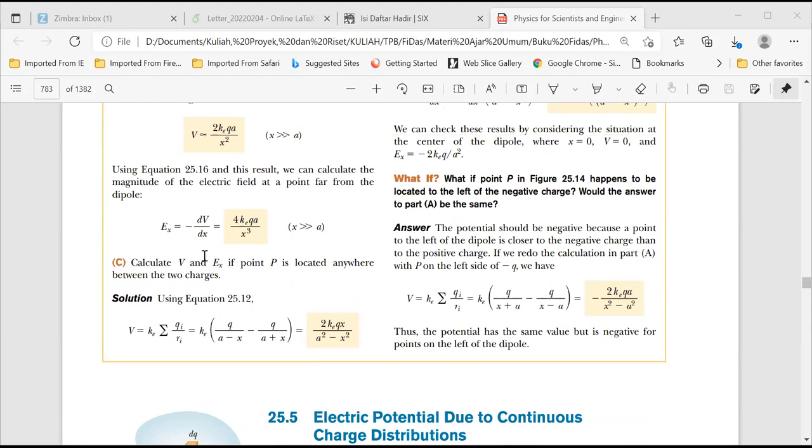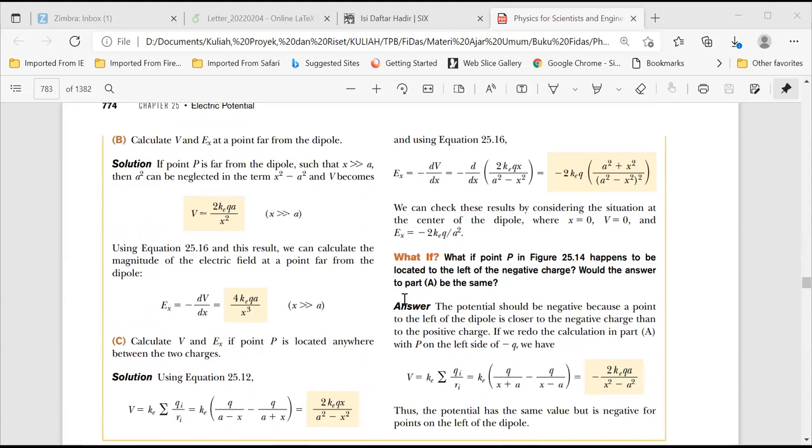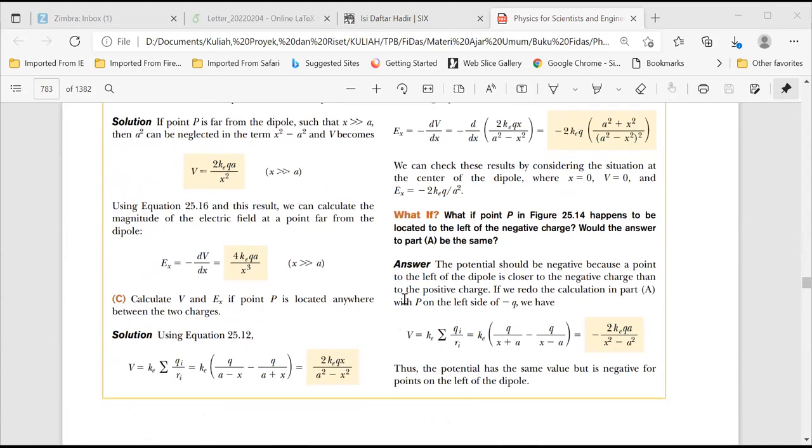Part C: calculate V and Ex if point P is located anywhere between two charges. So this is Q2 and this is Q1.